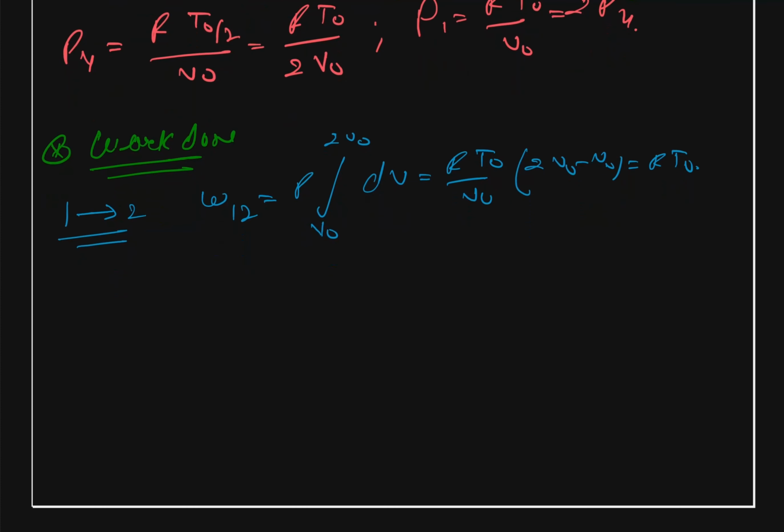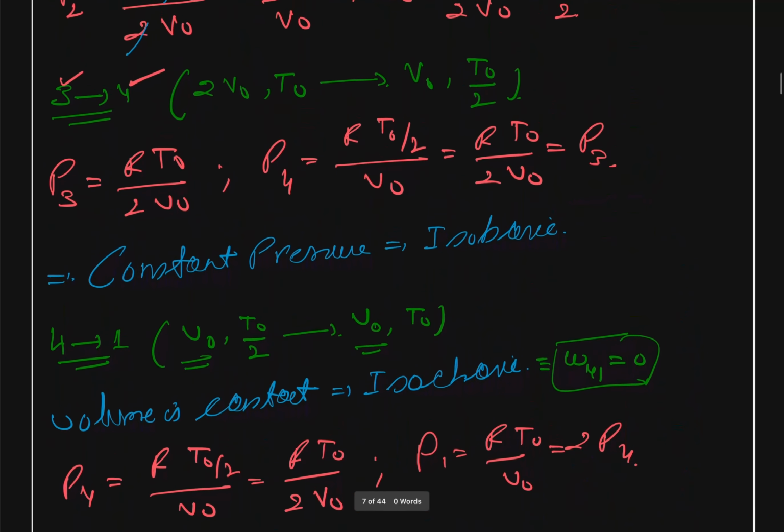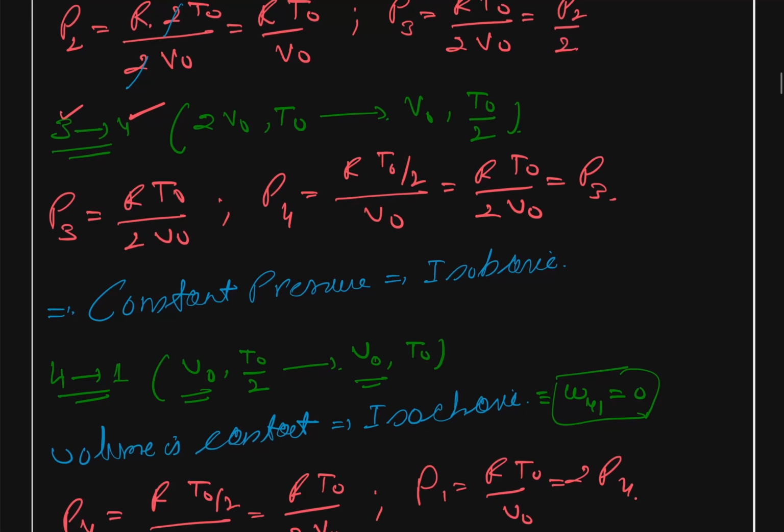Okay, and for isochoric we already know it will be 0, and 1 will also be 0. We are left with only 3, 4, which is isobaric.